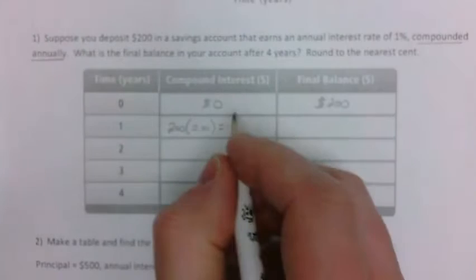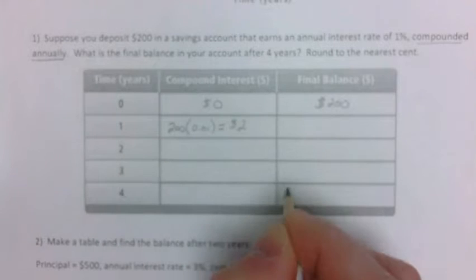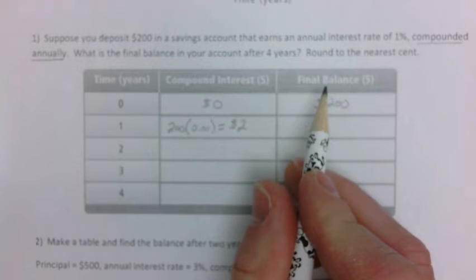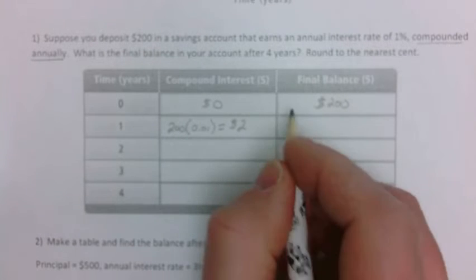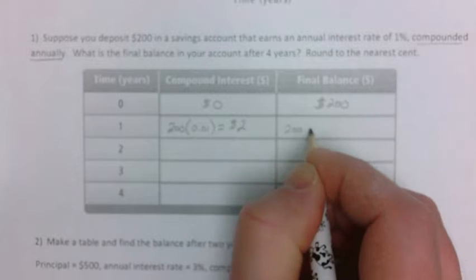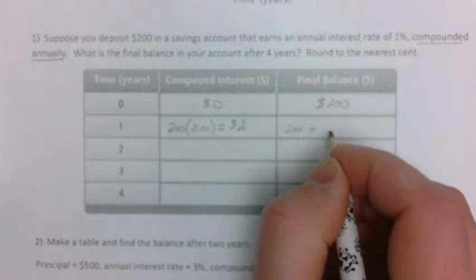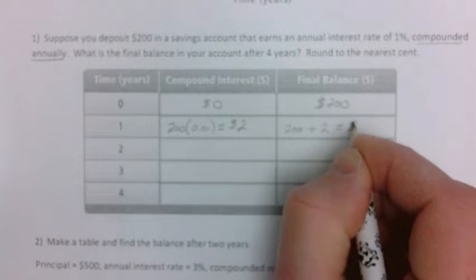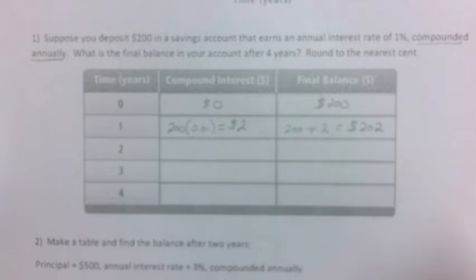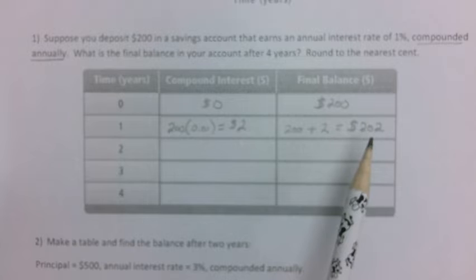So we will have earned $2 in interest in 1 year. And now to get the final balance, we take the previous balance, $200, add in the interest we've earned, $2, and our balance after year number 1 is $202. This would be the same as the simple interest after 1 year. Our account balance would be $202.